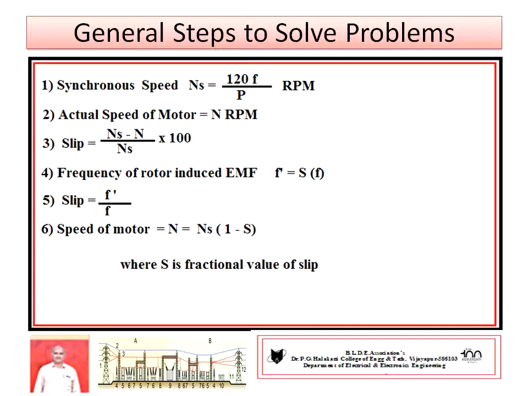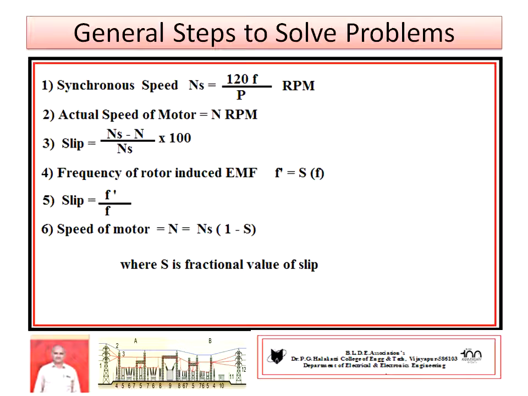When the motor starts rotating, the frequency of rotor circuit goes on decreasing. So when the motor is running, F dash, that is rotor induced EMF frequency, is given by slip times supply frequency, S into F, one of the important relations.